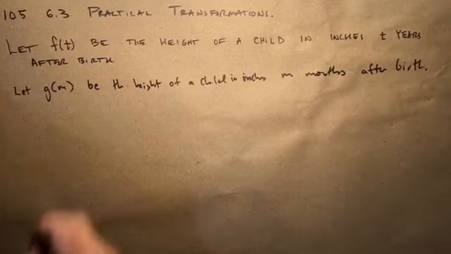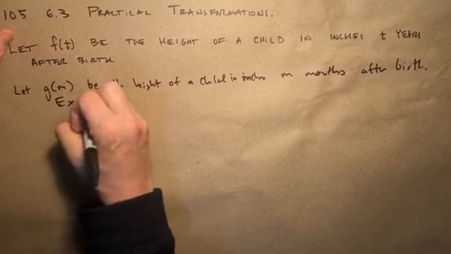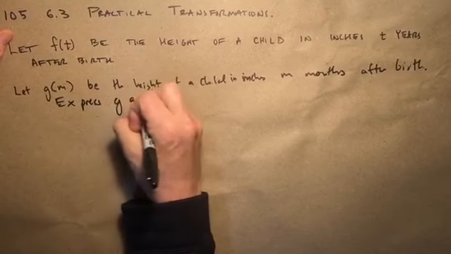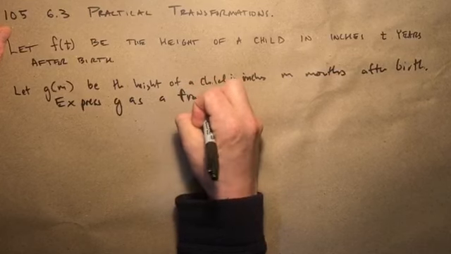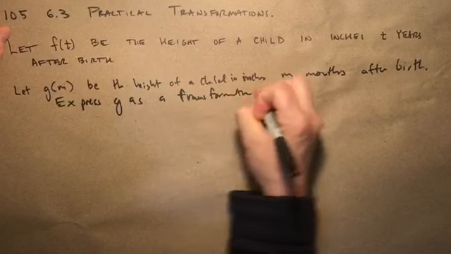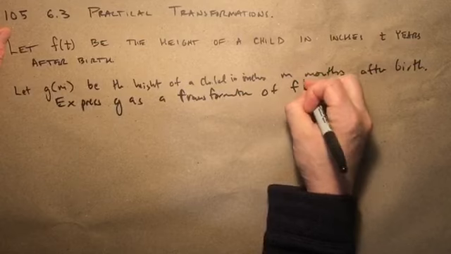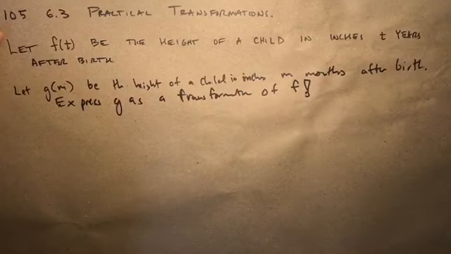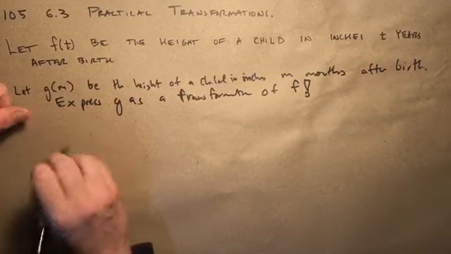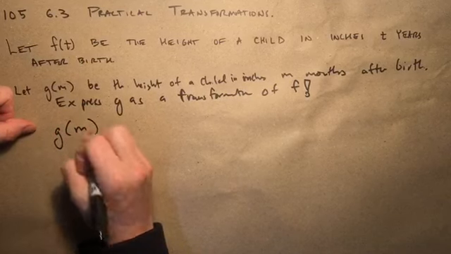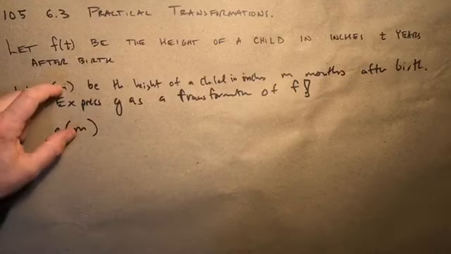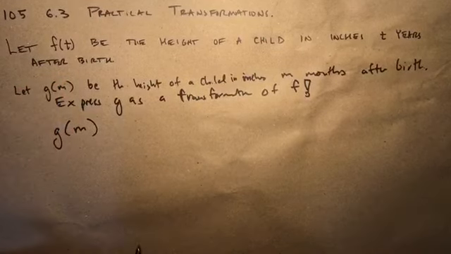And we're going to be asked to express g as a transformation of f. So what I'm going to say we should probably do is write g with the variable, and note that m stands for months.